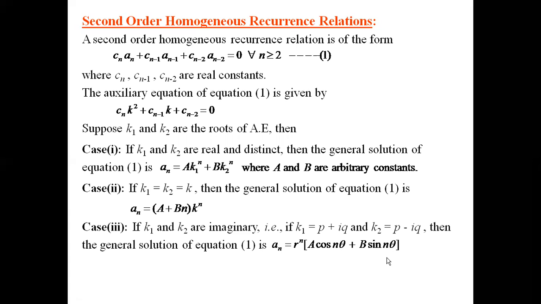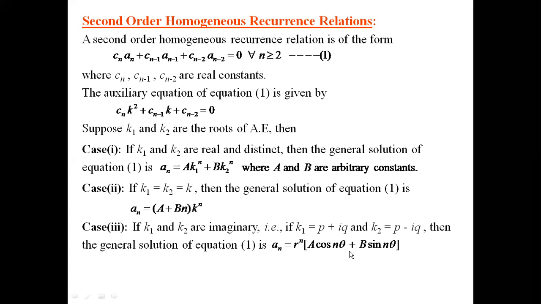Whenever we obtain the roots as imaginary roots, they always occur in pair, which is of the form p plus or minus iq. And we split the roots as p plus iq and p minus iq. For such imaginary roots, the general solution is written in the form an equal to r power n into A cos n theta plus B sin n theta, where A and B are the arbitrary constants.